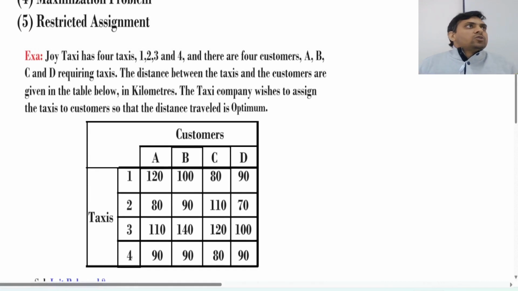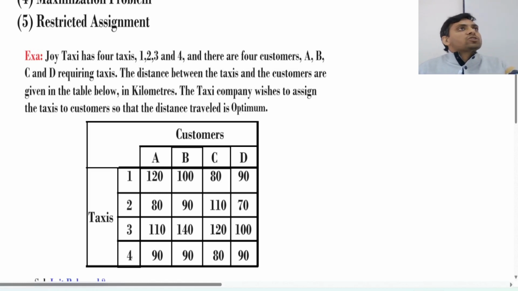Okay. So this is the case of taxi company. And we have distance between different taxi points and customers. Clear? Suppose a company and 4 taxis, first, second, third, fourth, and these are 4 customers. So different location for taxis and different locations for customer. Clear?